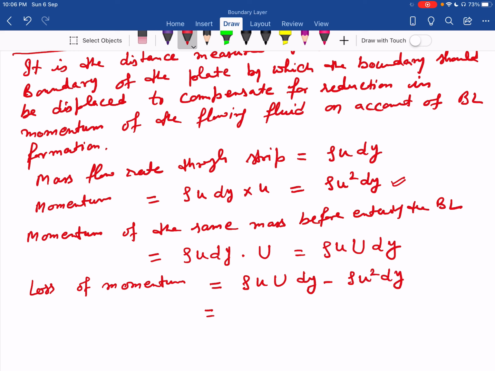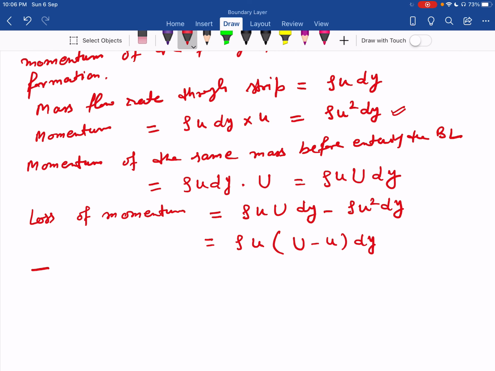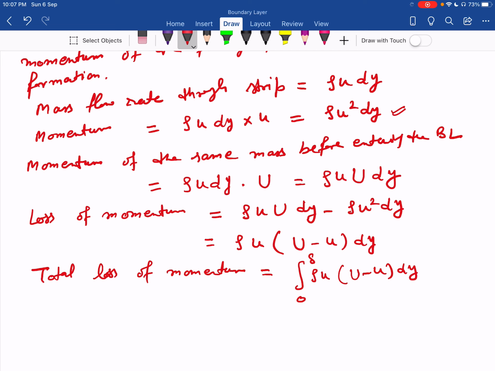So this becomes rho u into (U minus small u) dy, or the total loss of momentum. So that comes out to be the integration of rho u (U minus u) dy, where y varies from 0 to delta. So this is equation number 1.